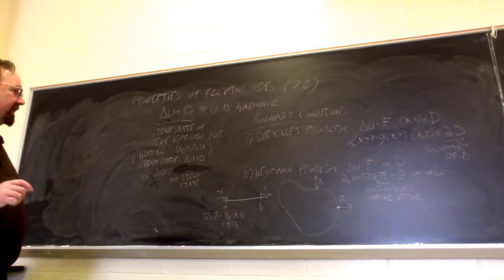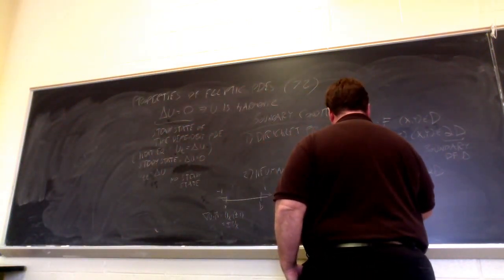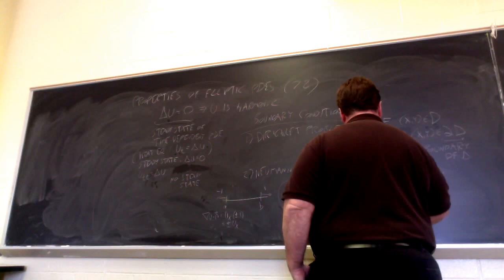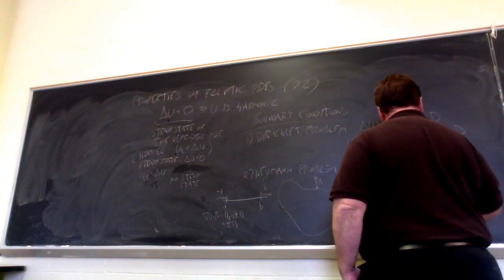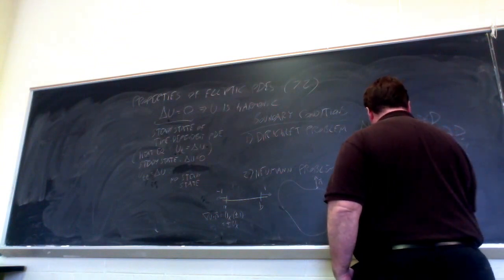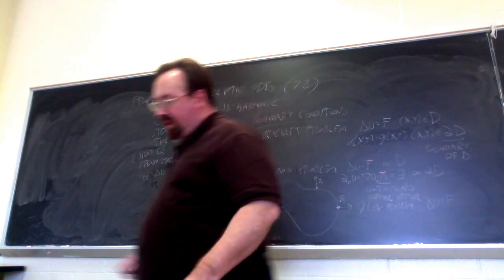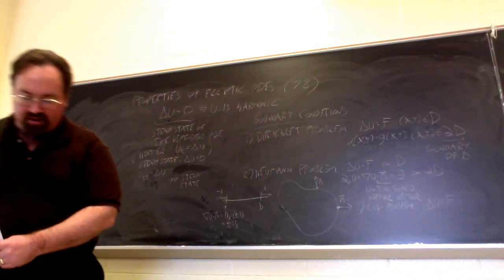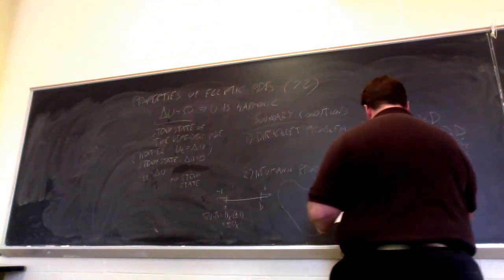And then finally, we have the Robin problem. That's mixed boundary conditions. So same PDE, the Laplacian is equal to f, and then you have some linear combination of boundary conditions.